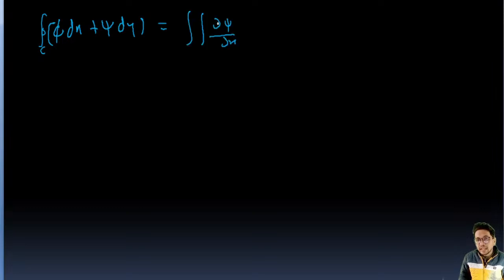We know that in the line integration, phi dx plus psi dy is going to be the double integration of del psi over del x minus del phi over del y, dx dy.